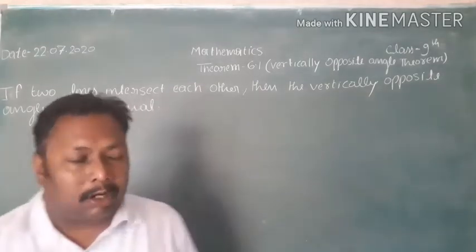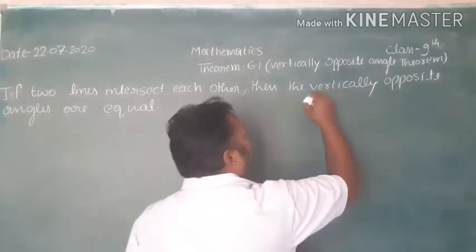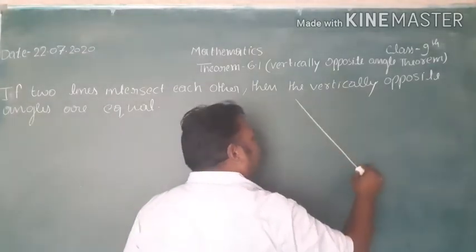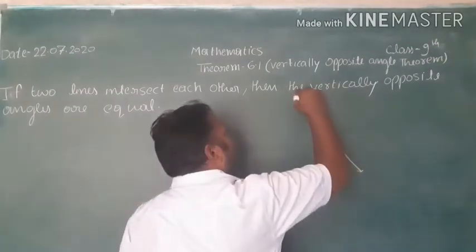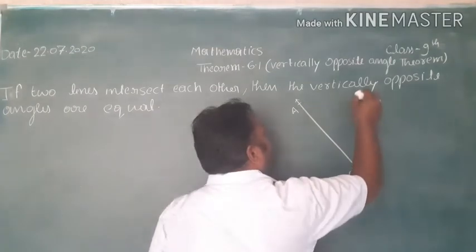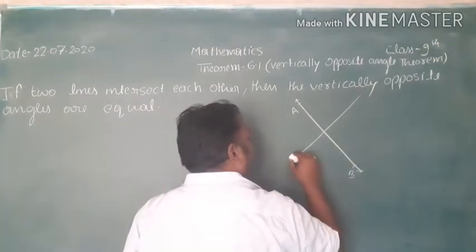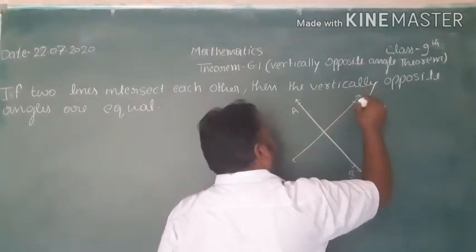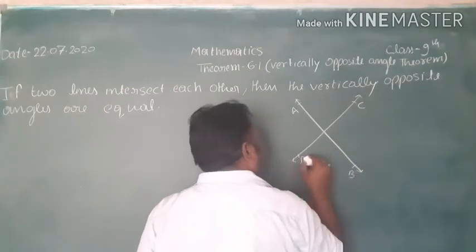For the theorem, first we draw a figure in which two lines intersect each other. The first line is AB and another line is CD.